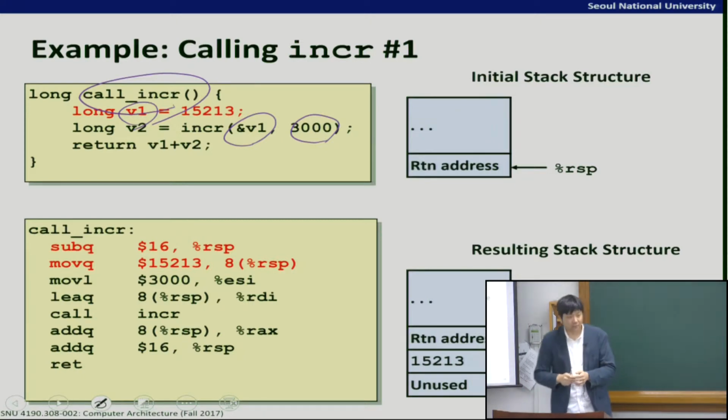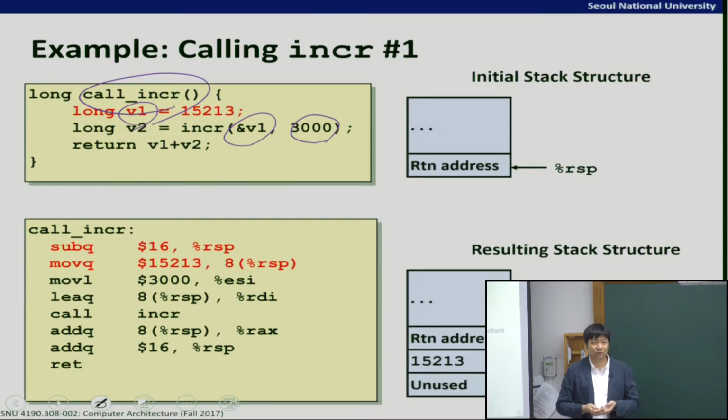So now it will update the value at the location p to 18,213, right? That's what it does.